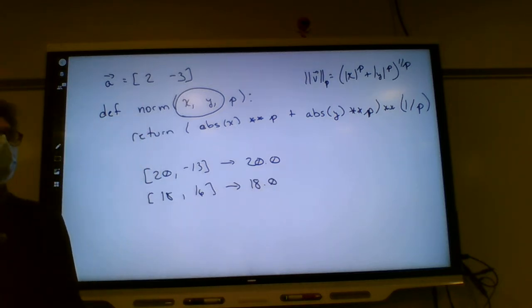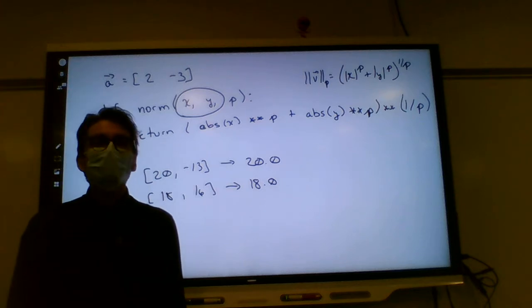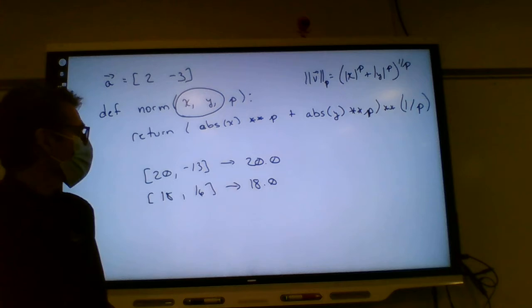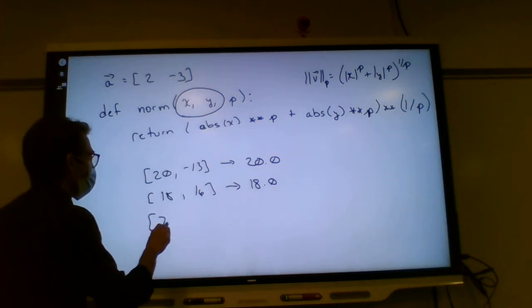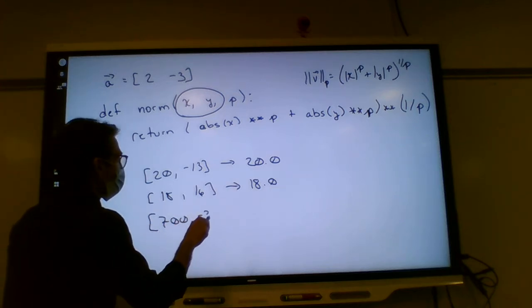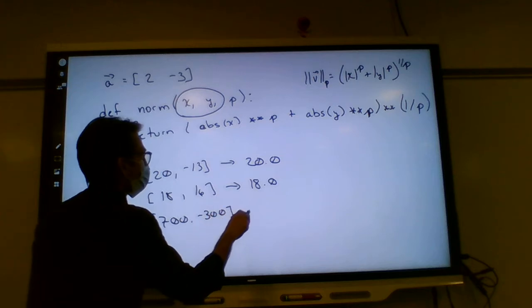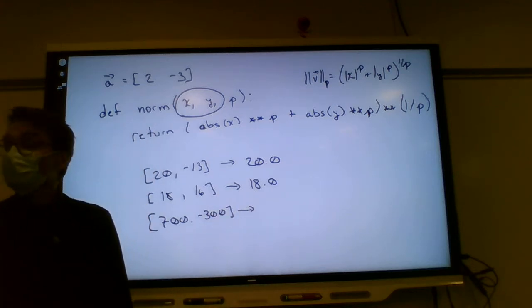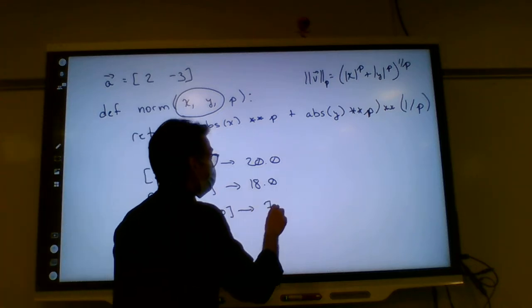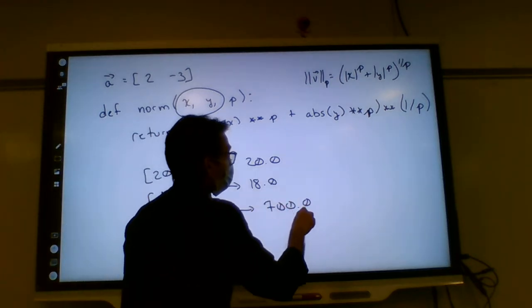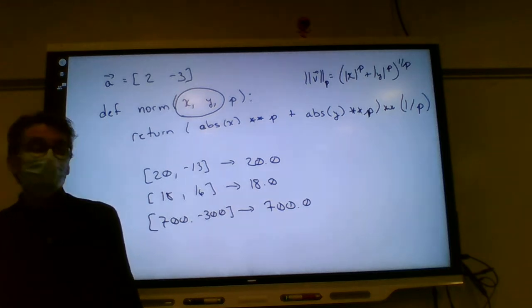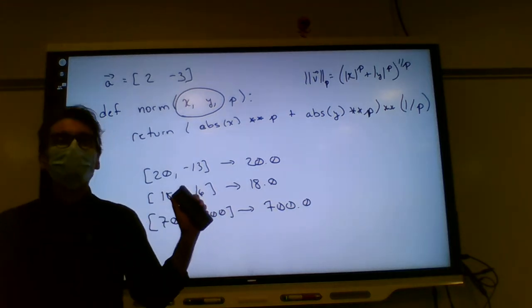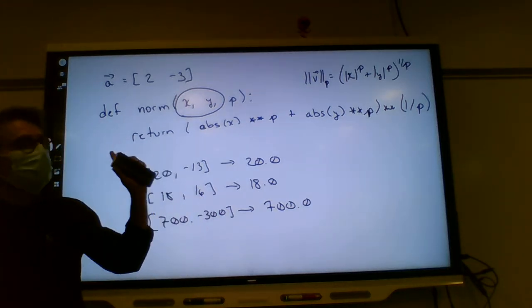Put like 700 and negative 300. Almost completely something. All right. Gives us, maybe not quite, but it gives really close to 700. If we made the p a little bit bigger, it would.